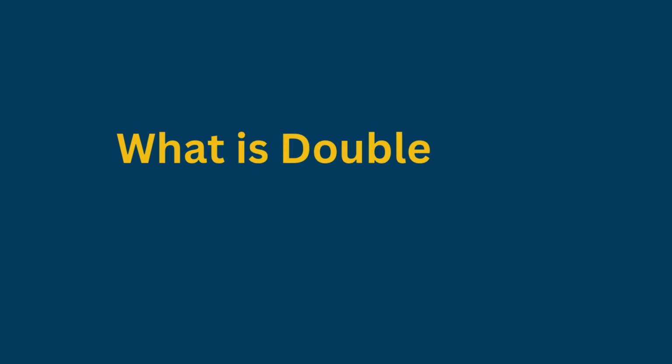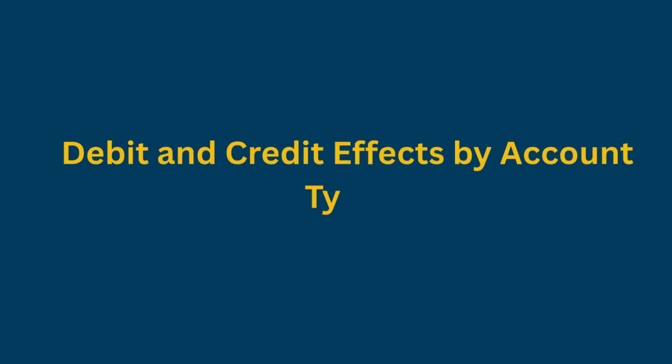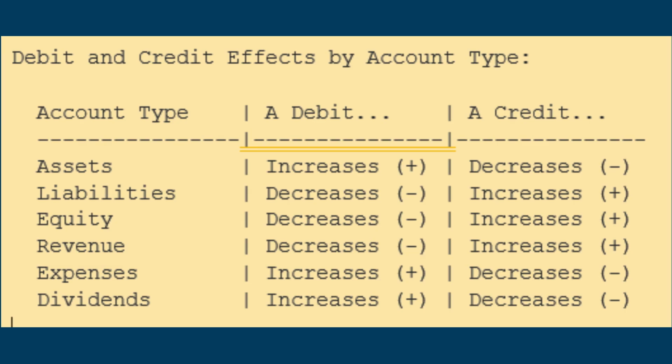What is double entry accounting? What I just described is the foundation of the entire accounting system, double entry accounting. Double entry accounting means every single financial transaction affects at least two accounts. Always. No exceptions.